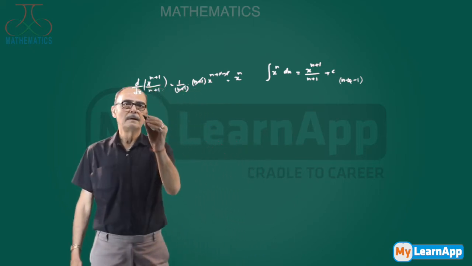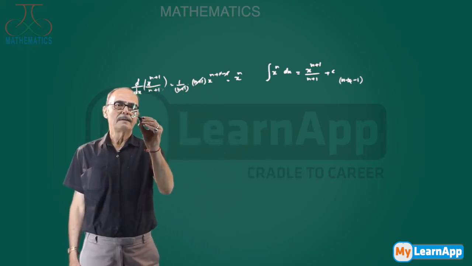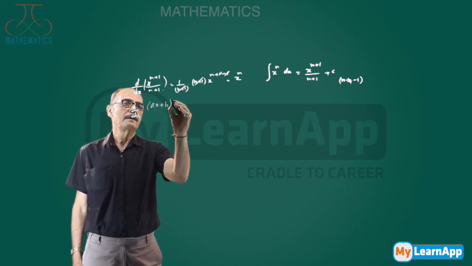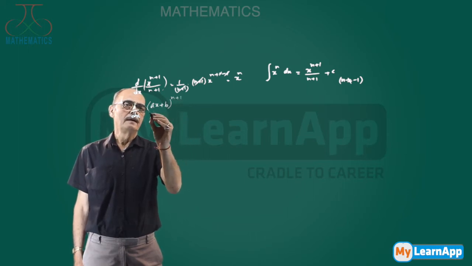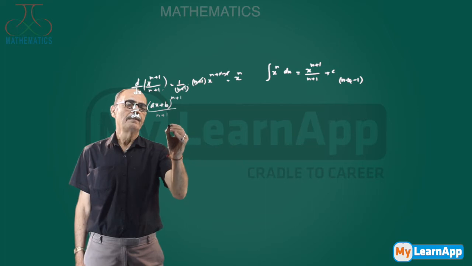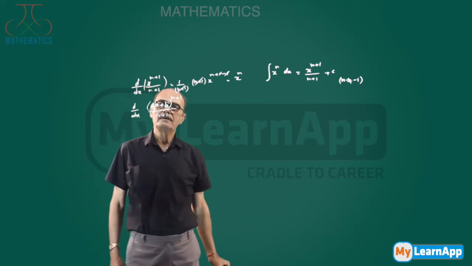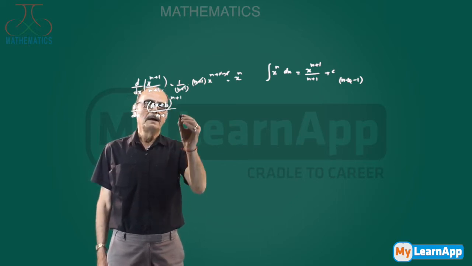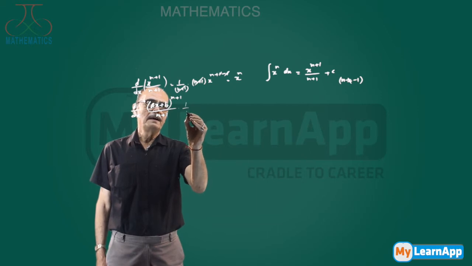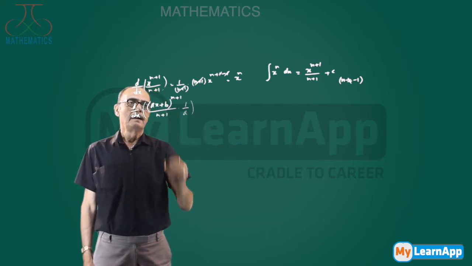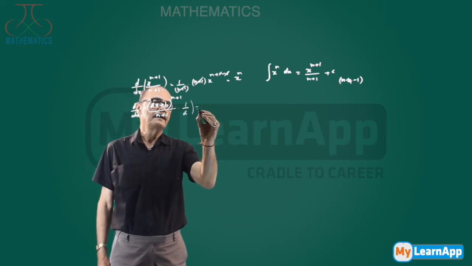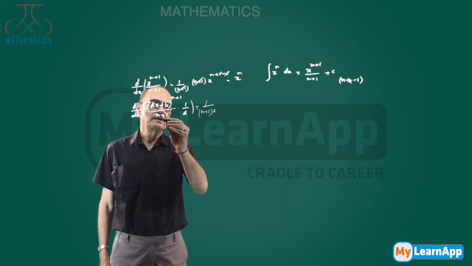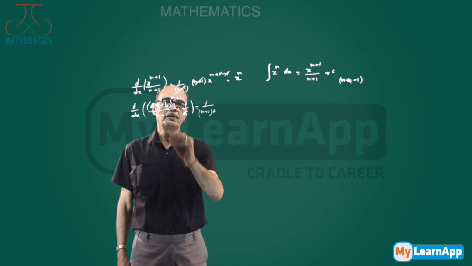Then comes d upon dx of ax plus b raised to power n plus 1 divided by n plus 1. Now, the difference is that x is being replaced by ax plus b, divided by 1 by a. If we differentiate it, we get 1 upon n plus 1, which is a constant term in the denominator, and differentiate the numerator.